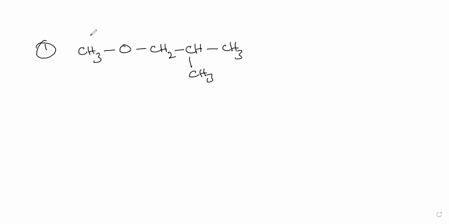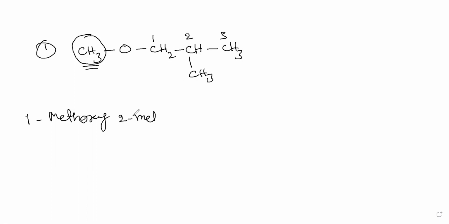The smaller of this one is methyl, so we'll write methoxy. If you number the chain, this is 1 2 3, so that is 2 methyl. 1-methoxy 2-methyl propane.